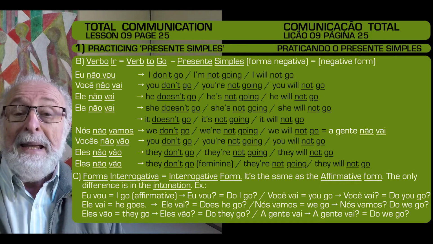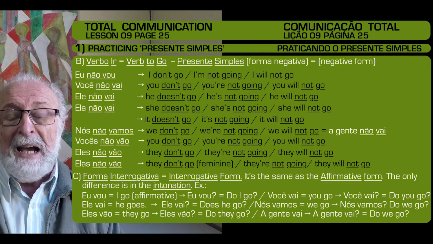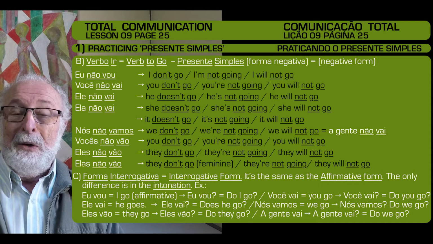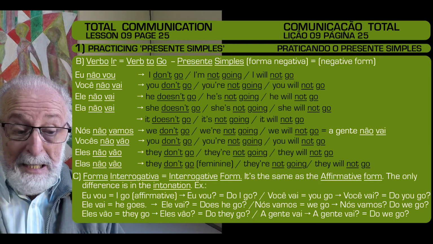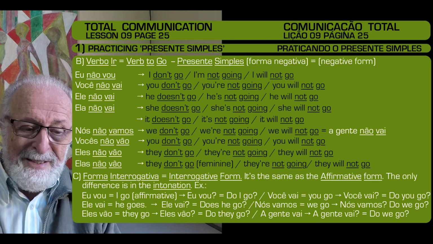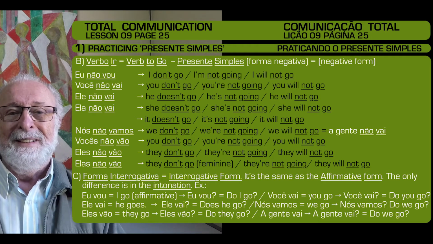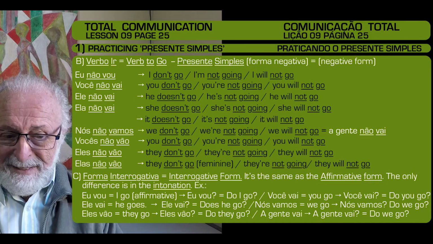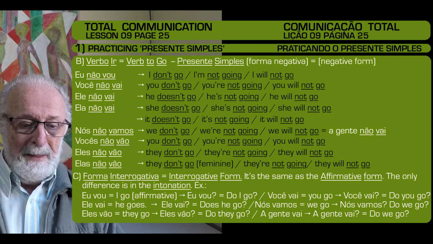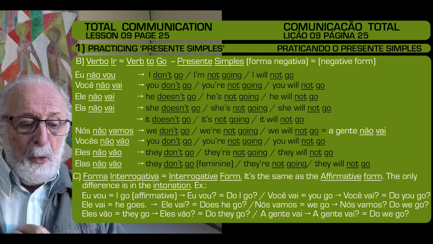I put there, it's the same as the affirmative form. We don't have any difference. You see that? It's the same. The only difference is in the intonation. Got it? For example, I put there, I go, eu vou.